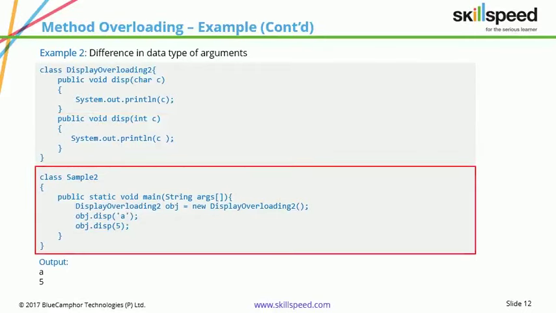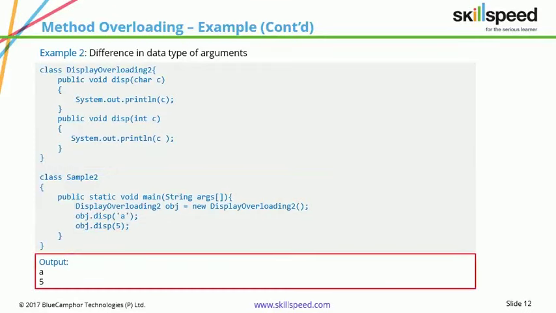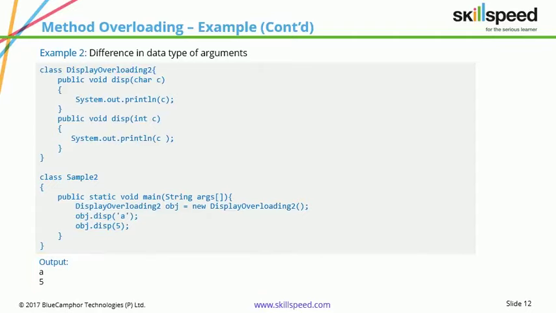In class Sample2, which has the public static void main, I am creating an object, DisplayOverloading2 obj = new DisplayOverloading2, and calling obj.display('A') and obj.display(5). Once I execute, I get the output A and 5 in two different lines.